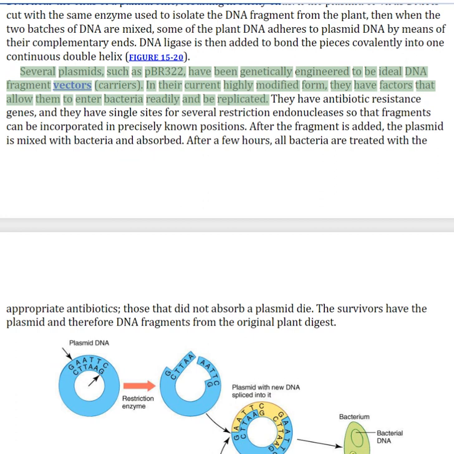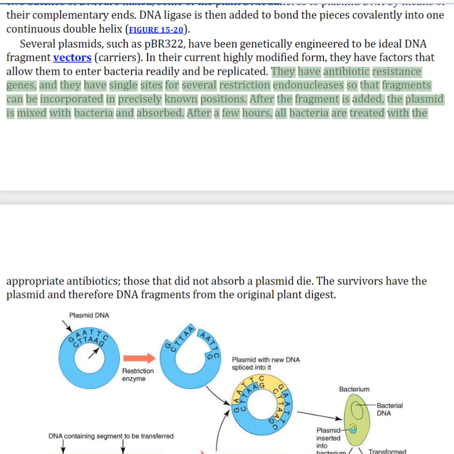Several plasmids, such as pBR322, have been genetically engineered to be ideal DNA fragment vectors. In their current highly modified form, they have factors that allow them to enter bacteria readily and be replicated. They have antibiotic resistance genes, and they have single sites for several restriction endonucleases so that fragments can be incorporated in precisely known positions.